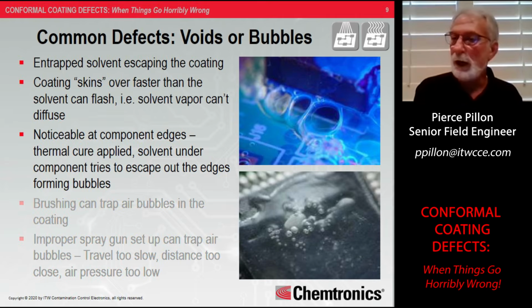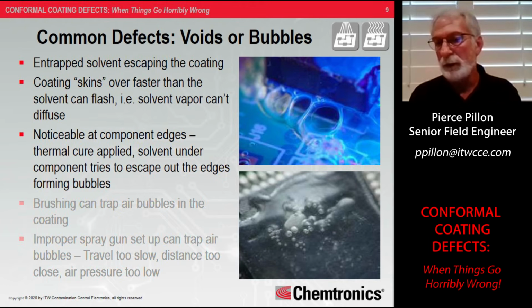So you're going to apply thermal heat or a thermal cure process. Well, obviously, being exposed to the heat around the edges there, that coating is going to cure at a quicker rate than the coating in that standoff area below the component.